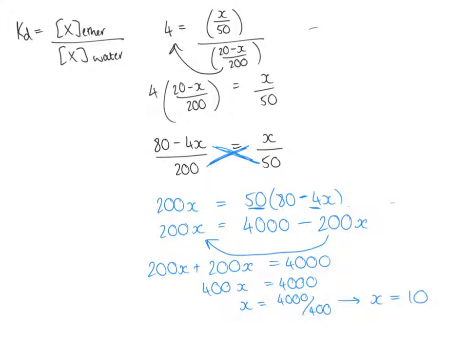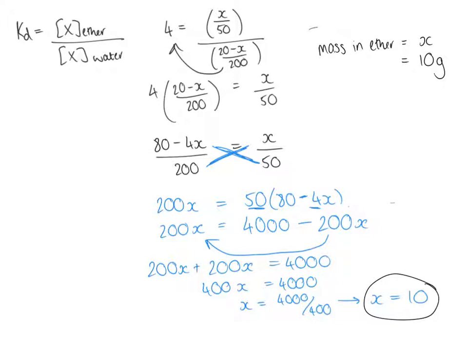But what does that actually mean, X is equal to 10? What that means is that the mass in the ether layer we said was equal to X, which is 10 grams. So out of the 20 grams of my original X, I've extracted 10 grams of that into the ether.